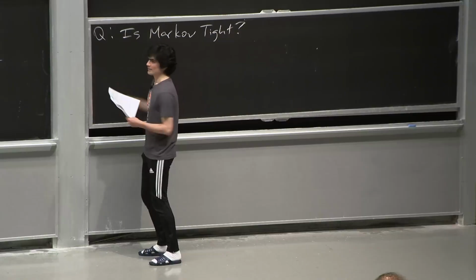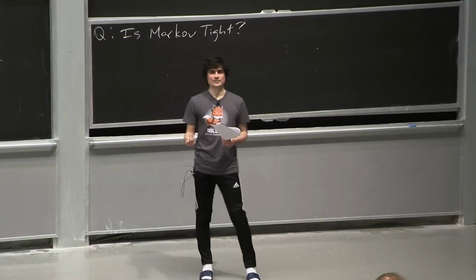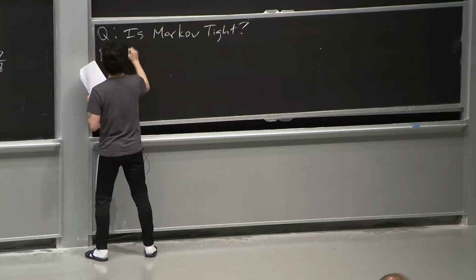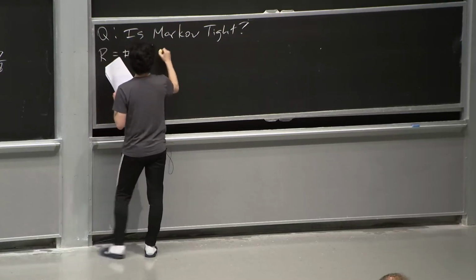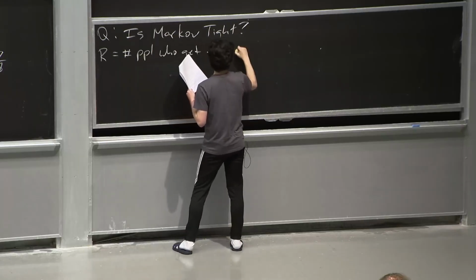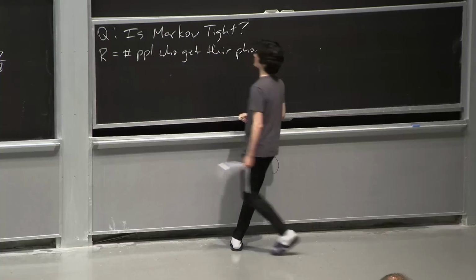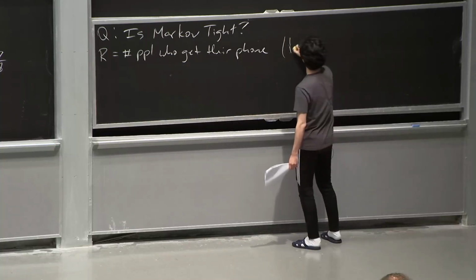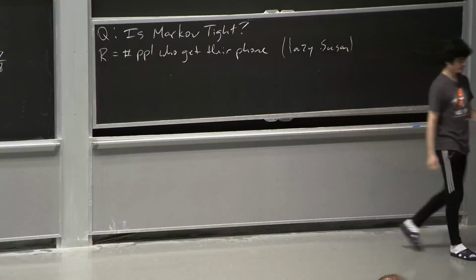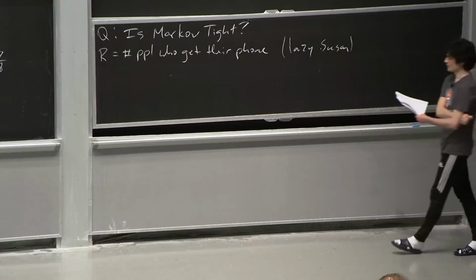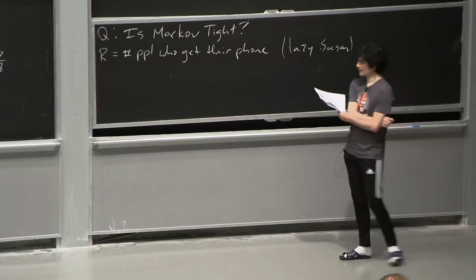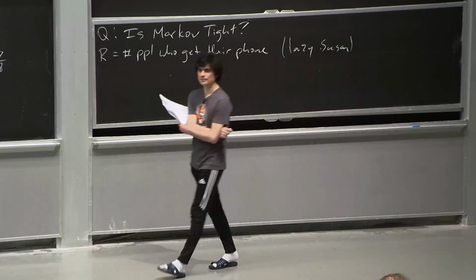If we consider the lazy Susan version, and we let R be the number of people who get their phone, how could we use Markov to bound the probability that everybody gets their phone back?